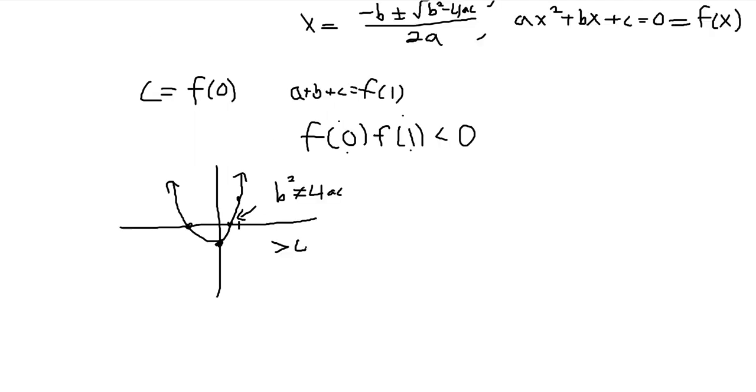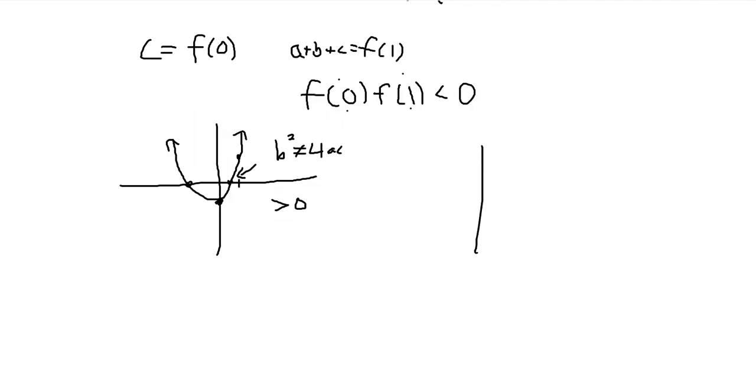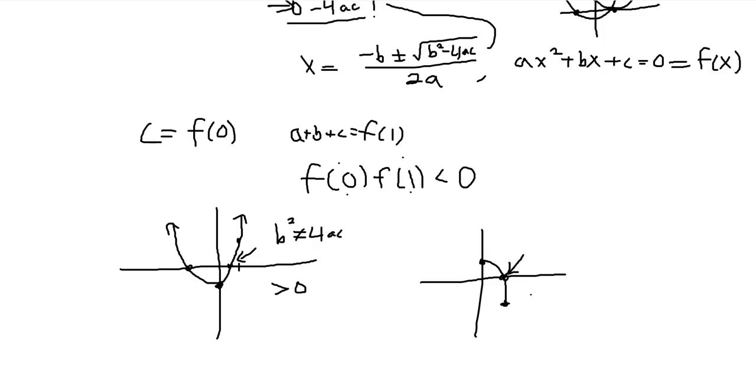And if we plot the other case where f of 0 is positive, it's again the same, because f of 1 will be negative, and by the intermediate value theorem, there has to be a root between 0 and 1, which would imply that b squared minus 4ac, again, is positive.